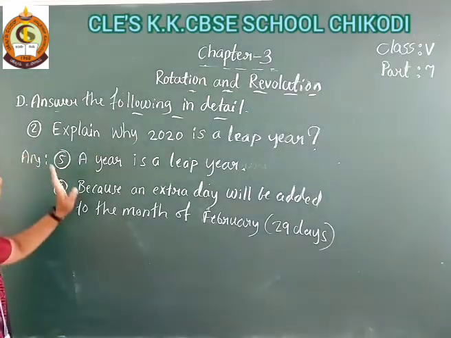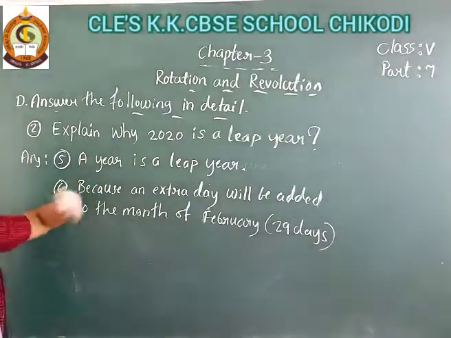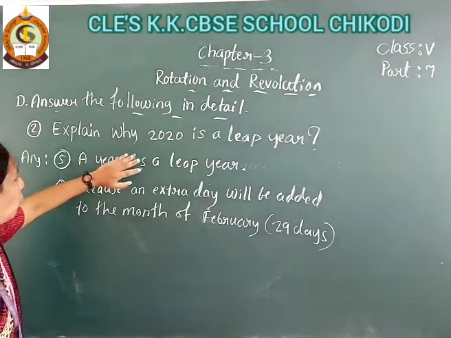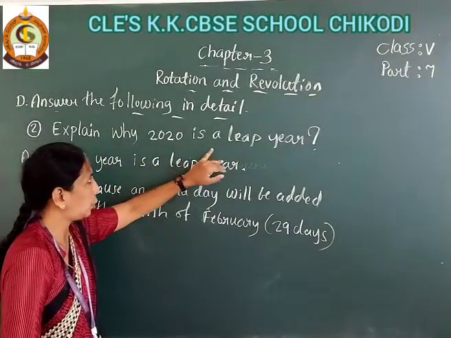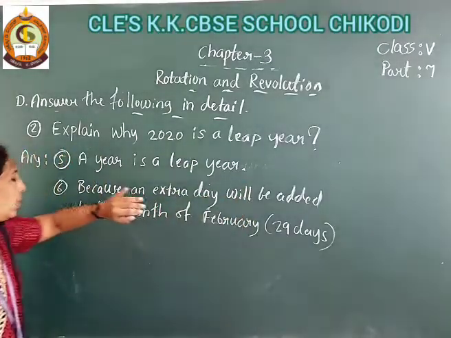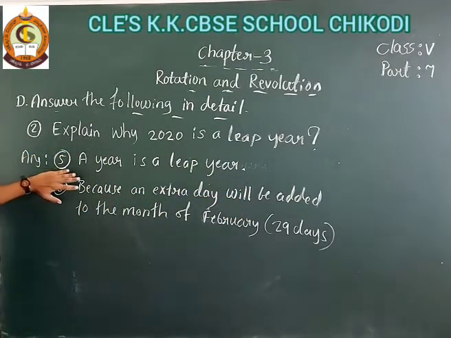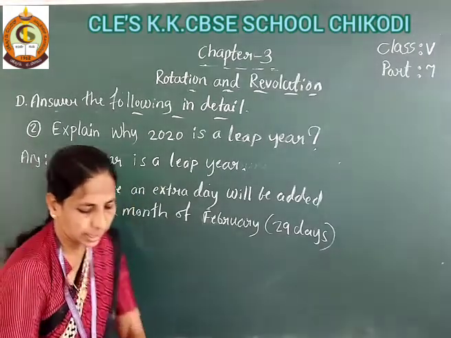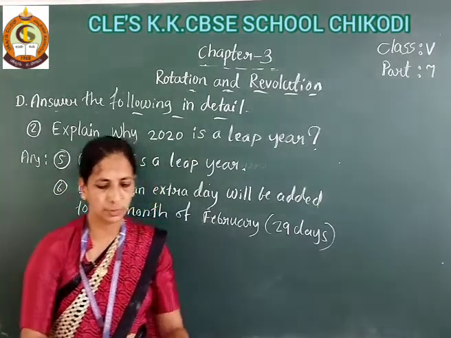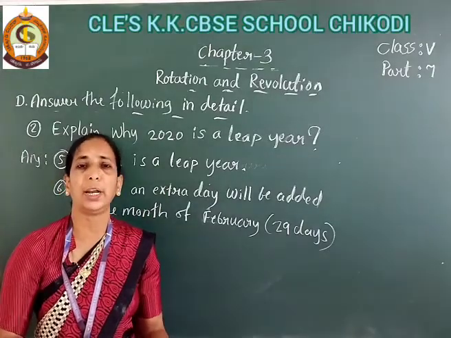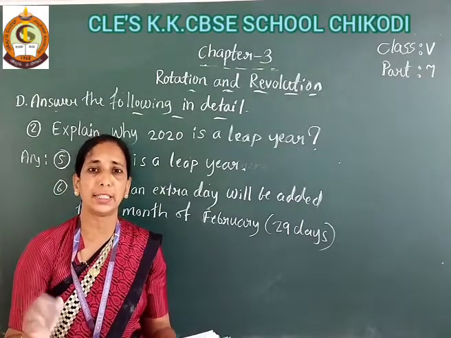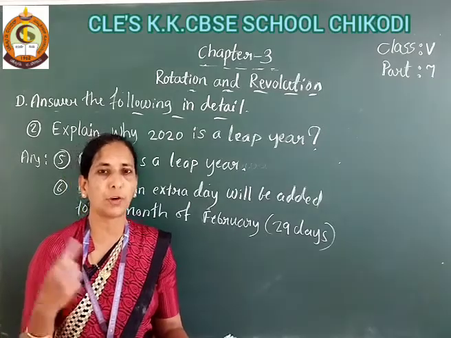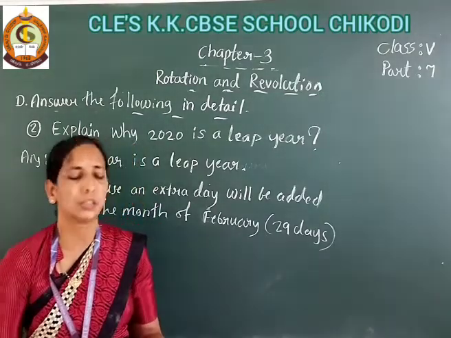Okay, students. So, it is about the second question. Explain why 2020 is a leap year. See students, the answer is here. Once again, I am repeating that answer. Earth takes 365 days and 6 hours to revolve around the sun.